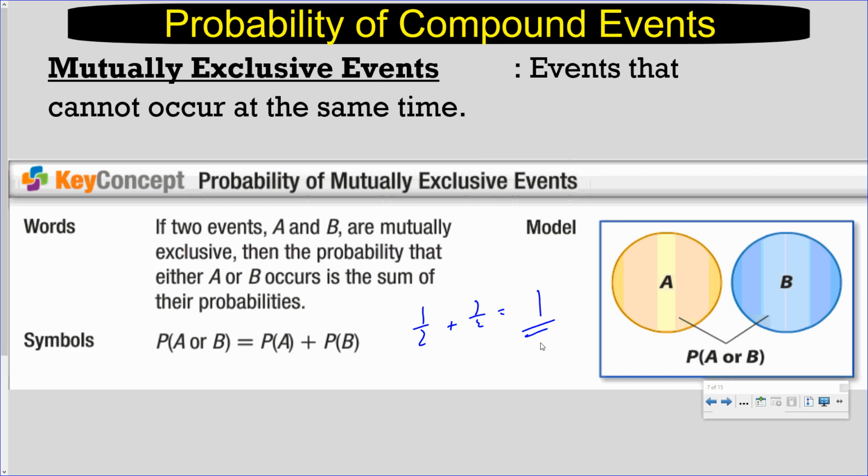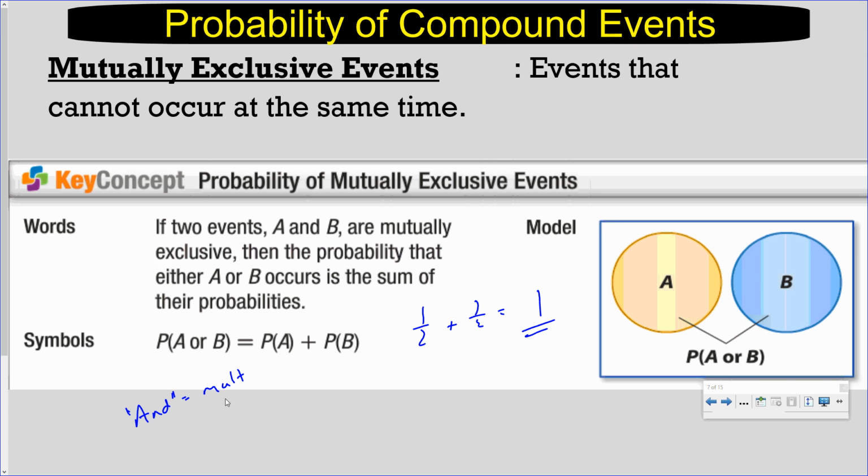Okay, so for mutually exclusive events, things that cannot happen together, the probability of A or B happening, but they can't both happen, we just add the probabilities. So when we were talking about joint probability and we wanted things to happen together using the word and, we multiplied, right? Those probabilities got less likely. The more things I try and say are going to happen, the less likely it's going to be.